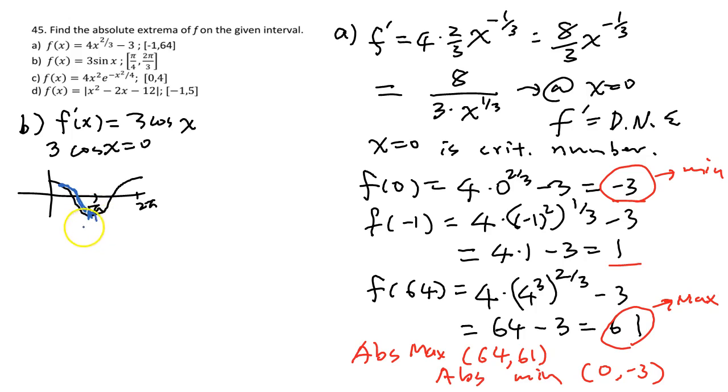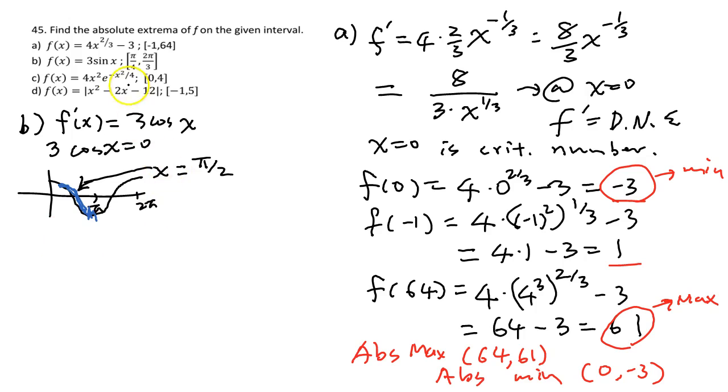Actually, 2/3 pi is 120 degrees, so it's before 180 degrees. So it's this portion. And you can see that the only place that the cosine is equal to 0 is when x is equal to pi over 2. That's the only critical number.